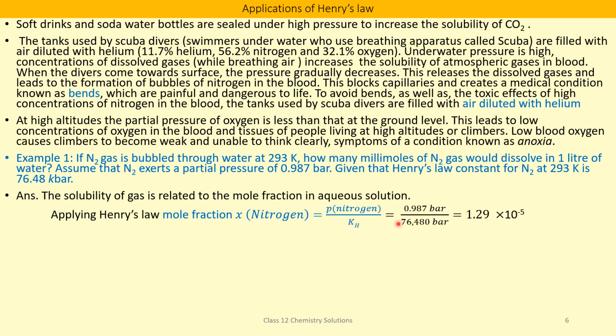So, the partial pressure is given as 0.987 bar in the question, divided by the Henry constant for nitrogen, which is also given, 76.48 kilobar, converting into bars, 76,480 bars. Simplifying, that becomes 1.29 into 10 to the power of minus 5.